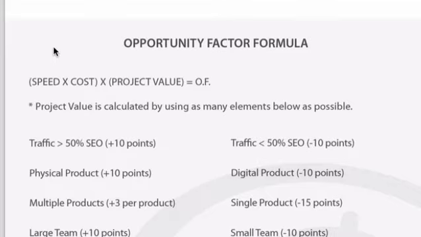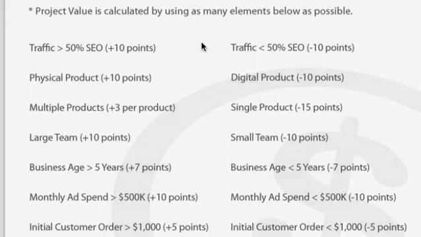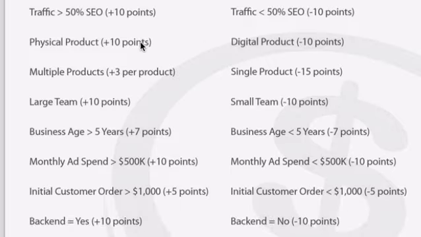So we're going to take that 30,000 number and multiply it by the project value. How you get the project value is we take as many of these as we can from the deconstruction, the 43-point survey, and if we have the answers for them, we assign these points. If we know that their traffic is more than 50% from SEO, we add 10 points to the project value.